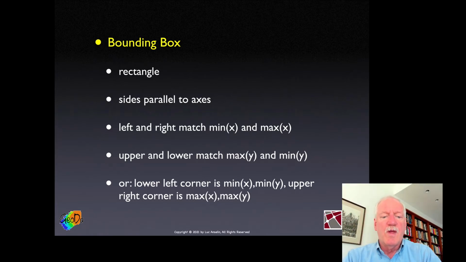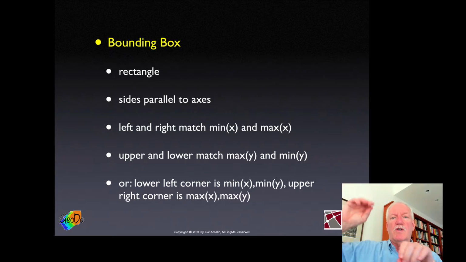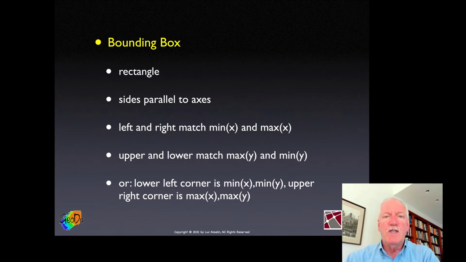So the lower left corner of the bounding box is the smallest value for x and the smallest value for y. The upper right corner is the largest value for x and the largest value for y. And these don't have to be actual point locations. In fact, typically they are not.